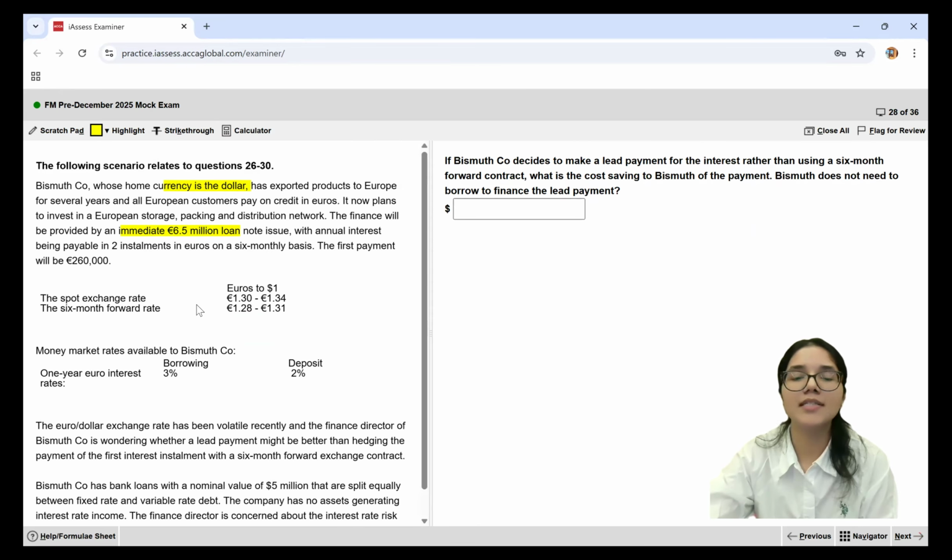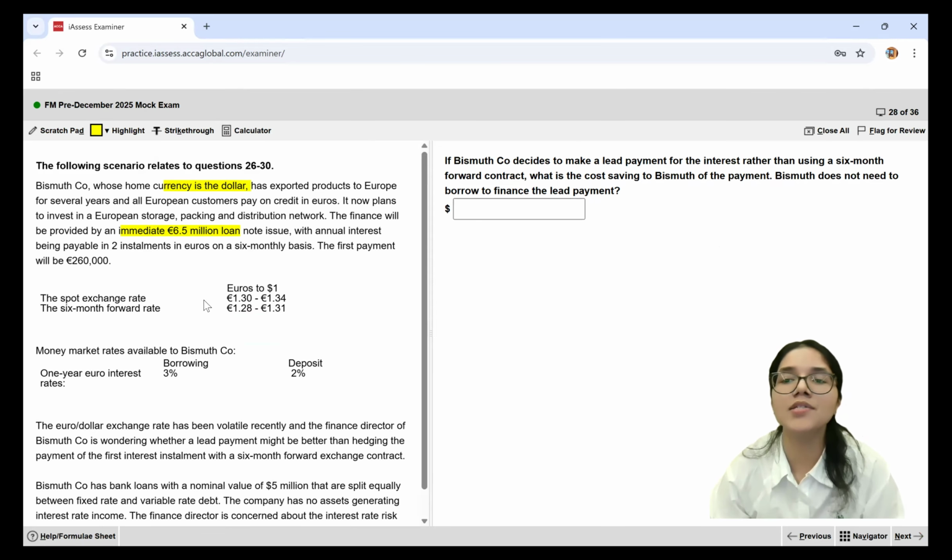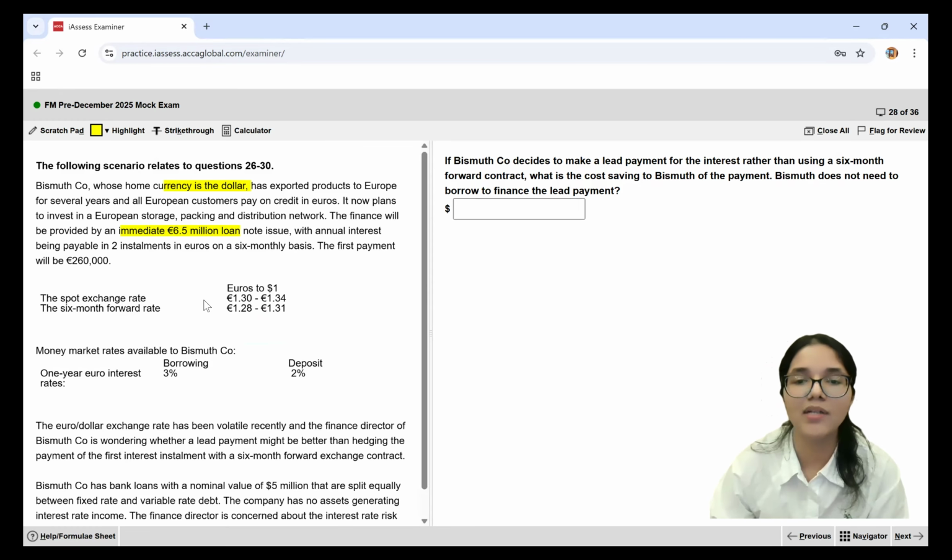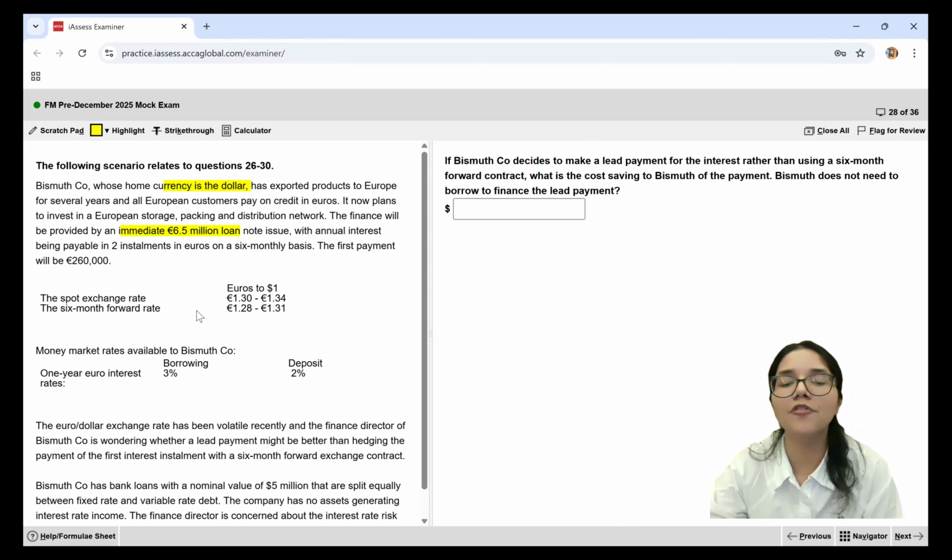Now moving towards the third question: if Bismuth company decides to make a lead payment for the interest rather than using a 6-month forward contract, what is the cost or saving to Bismuth of the payment? Bismuth does not need to borrow to finance the lead payment. So we are thinking of a lead payment.